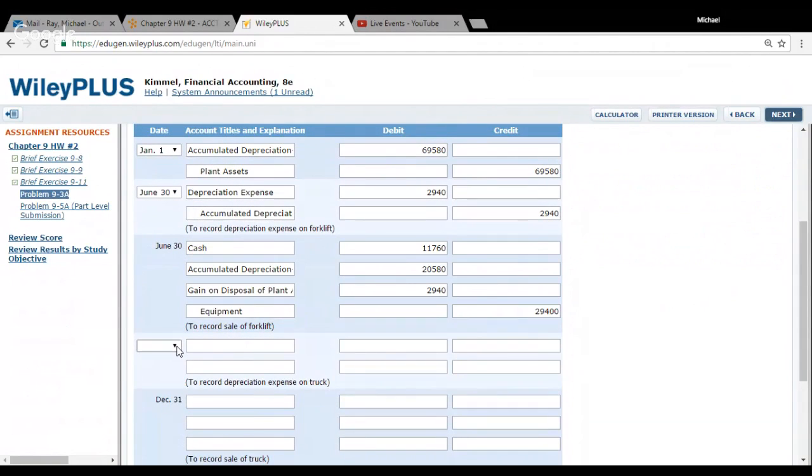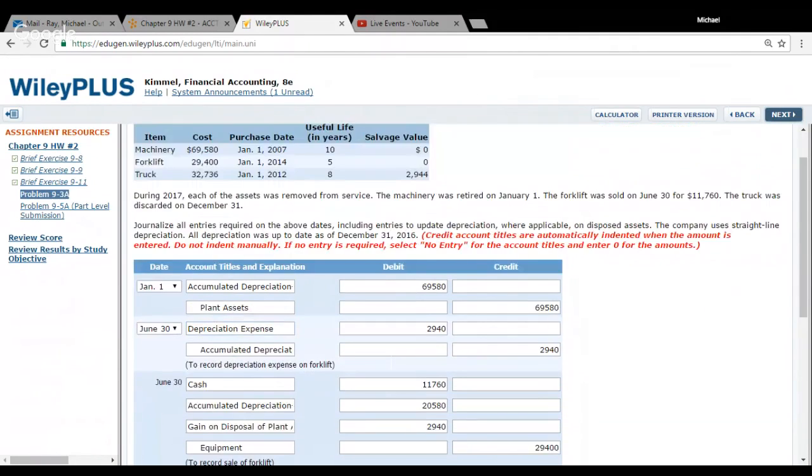which, after we sell the forklift, we're going to record the depreciation expense of the truck. Basically what we're going to do is just like we did with the forklift before. On December 31st, we have a depreciation expense.